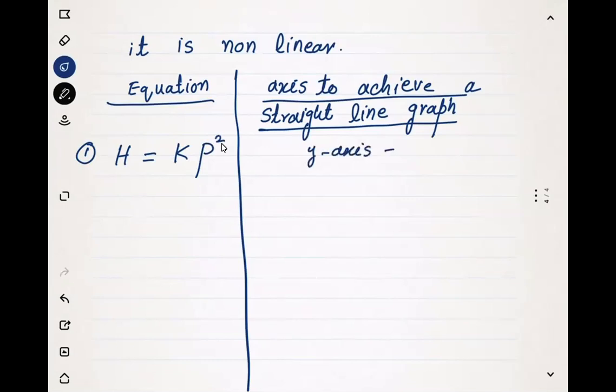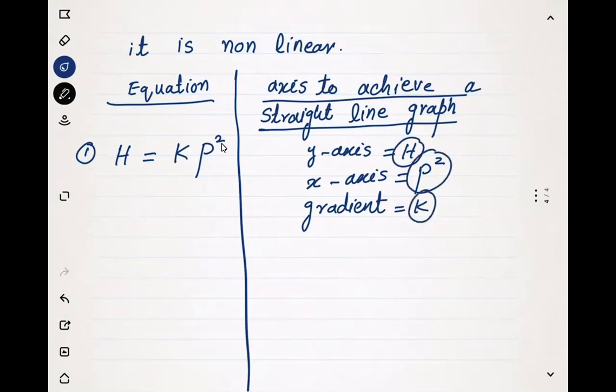Your y-axis must be H, your x-axis must be P square, and then your gradient would be K. So this is the y-axis, this is the x-axis, and this is the gradient. In this way, you can get a straight line graph.